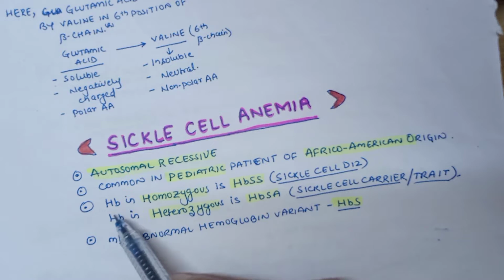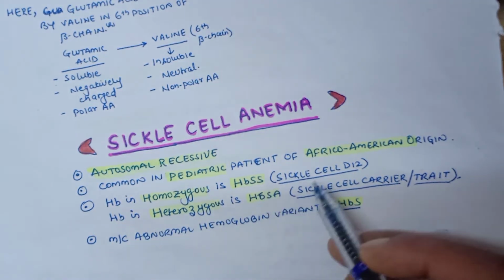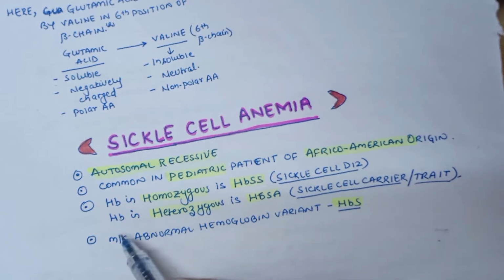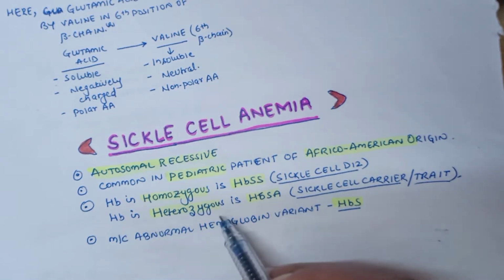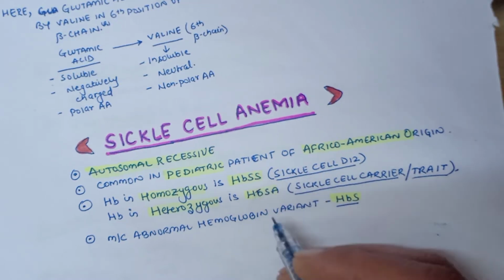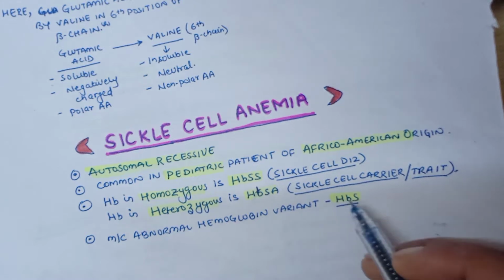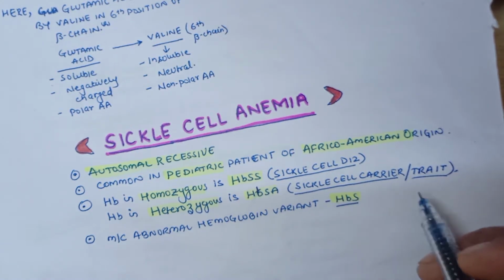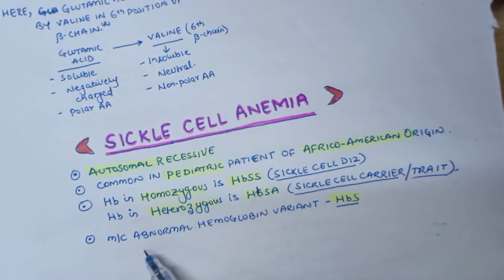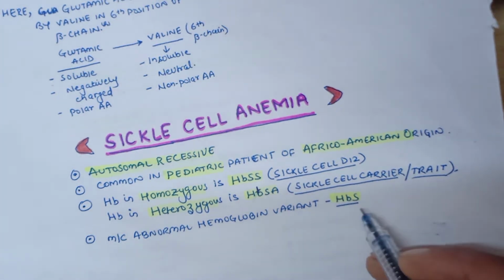Hemoglobin in homozygous state is HbSS, that is sickle cell disease, and hemoglobin in heterozygous state is HbSA, which is a sickle cell carrier or trait. The most common abnormal hemoglobin variant is HbS.